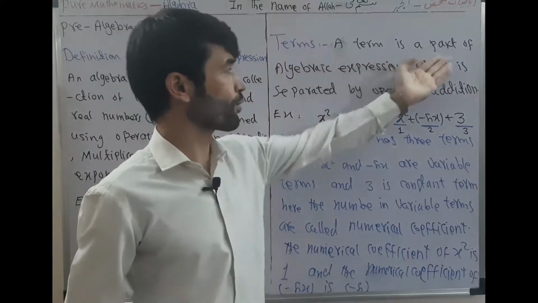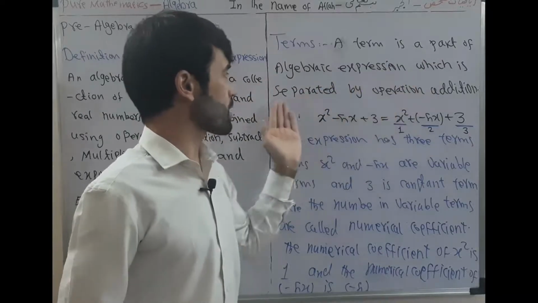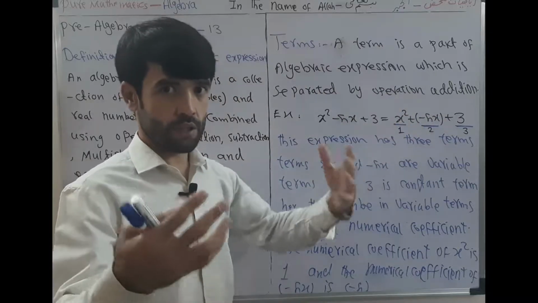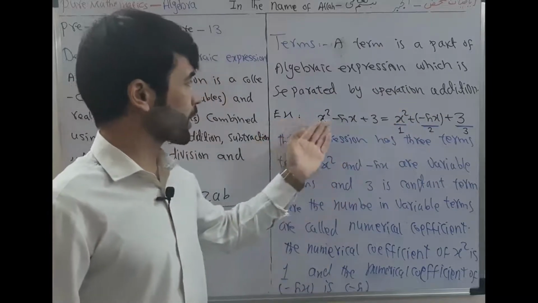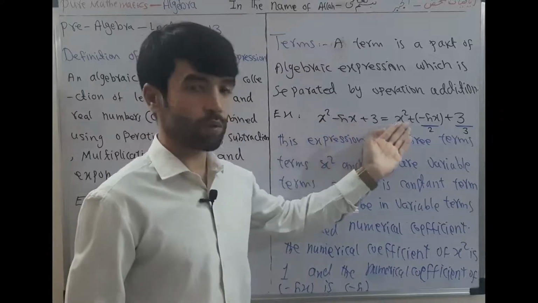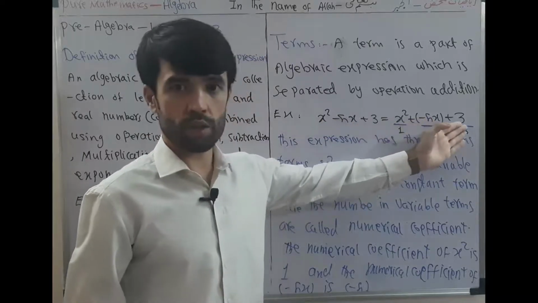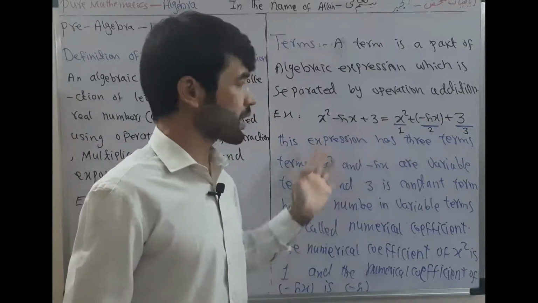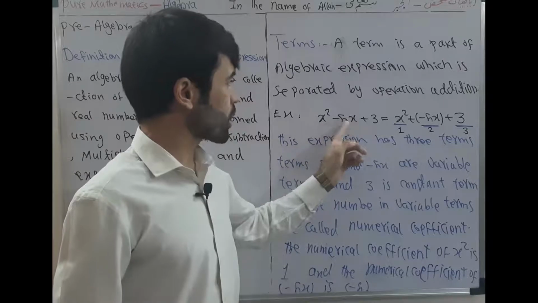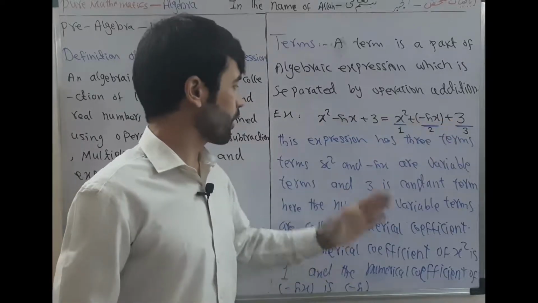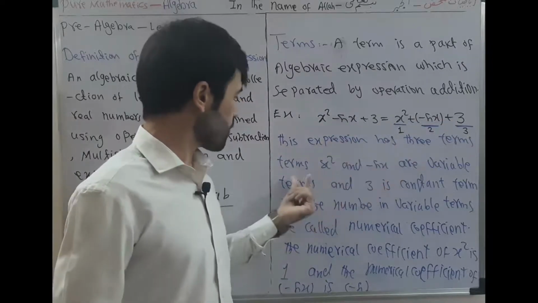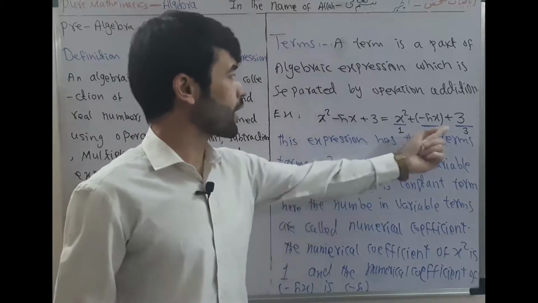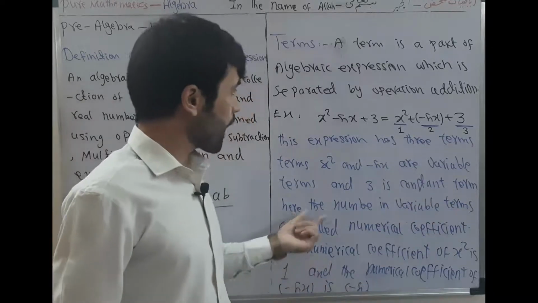A term is a part of an algebraic expression which is separated by the operation of addition. Example: x squared minus 5x plus 3. This algebraic expression has 3 terms. x squared and minus 5x are variable terms, and 3 is a constant term.